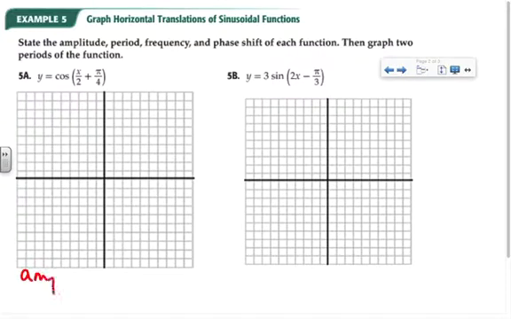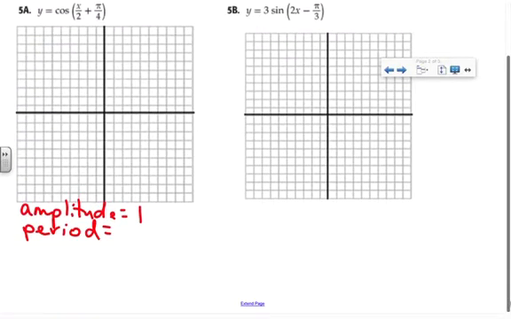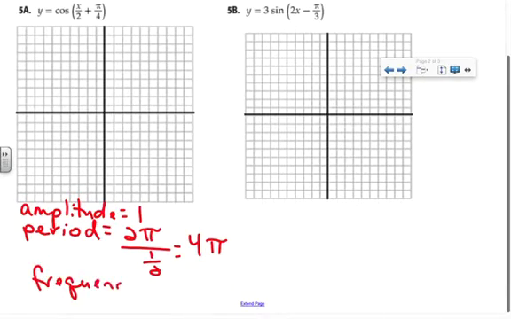So amplitude is 1. The period, remember, is found by taking 2 pi over the value of b. So 2 pi over 1/2 is 4 pi, which means that the frequency is once every 4 pi.